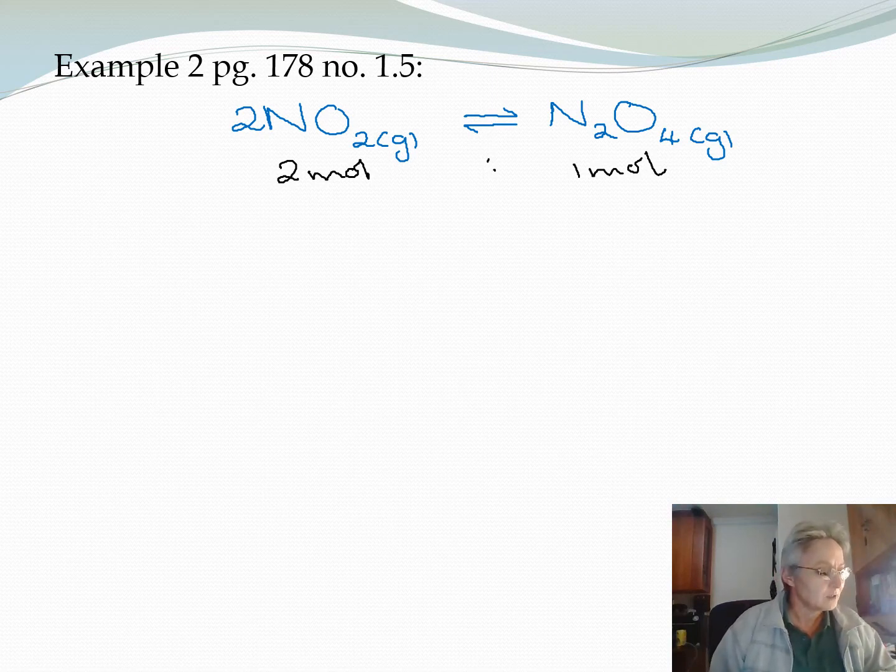So the diagram shows a sample of nitrogen dioxide in a gas syringe. Use Le Chatelier's principle to decide what will happen when the plunger of the syringe is pushed in or pulled out. Label diagram 1 and 2 to show which syringe contains more nitrogen dioxide and which contains more dinitrogen tetraoxide. So pushing the plunger in.